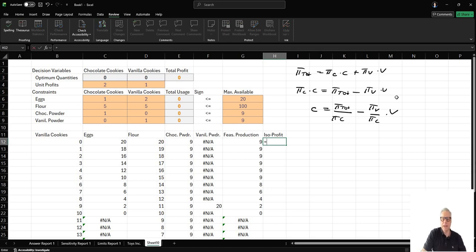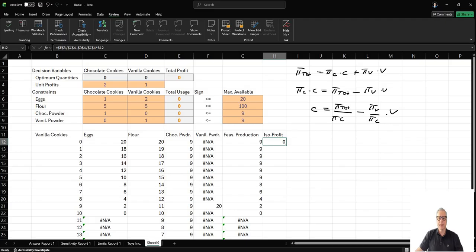So that is equal to the total profit, which we get from Solver, divided by the unit profit of chocolate, minus the unit profit of vanilla cookies divided by the unit profit of the chocolate cookie times the number of vanilla cookies.